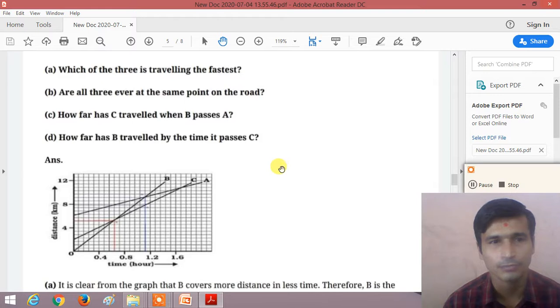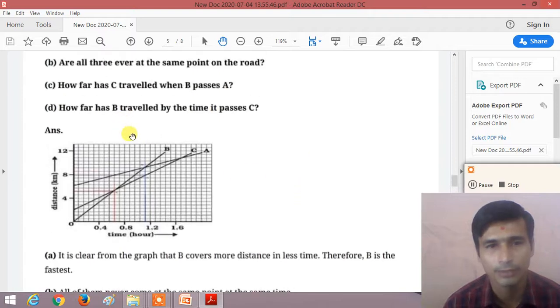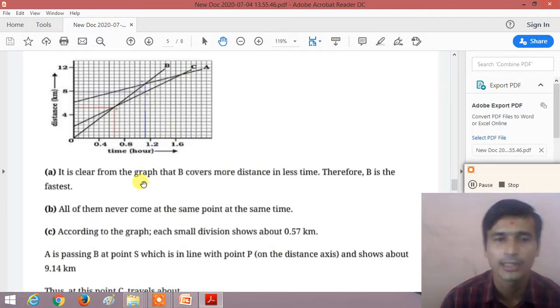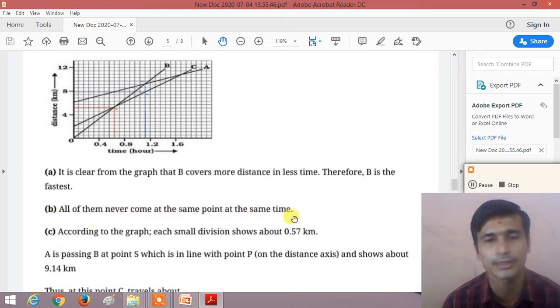Right? Now, the second question. Are all three ever at the same point on the road? From this graph, we can say that these three graphs cannot meet at any point, so all of them never come to the same point.